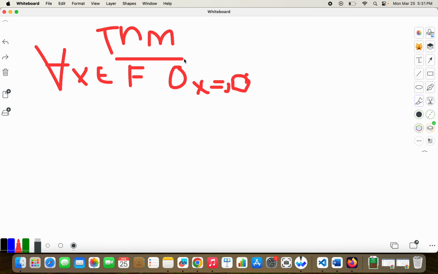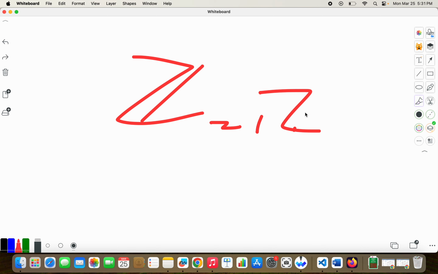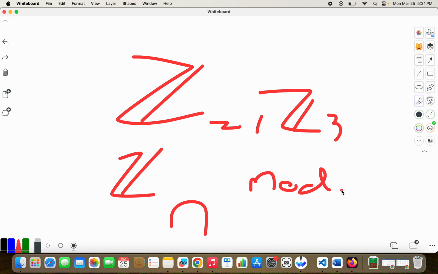After this we go over ordered fields, which are basically stricter fields. And I'll tell you something cool. Z2, Z3, Zn, all of which apply under mod n, none of these are examples.